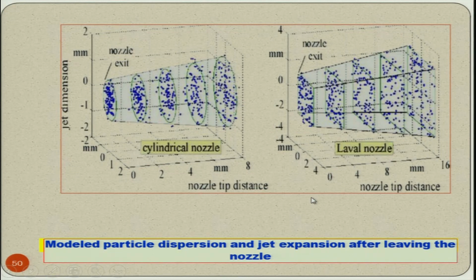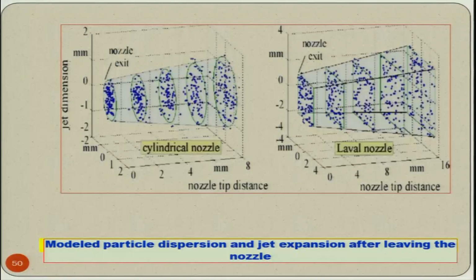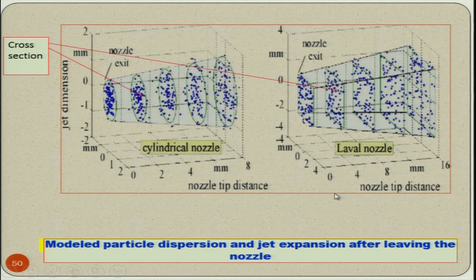This clearly shows that with the level nozzle you will get a comparatively straight-sided cavity, while with the cylindrical nozzle you will get tapered sides of the machined feature or machined cavity. That is the main difference between the two, because of the distribution of the abrasive particles. You can see the cross sections here as well as here; both are shown.